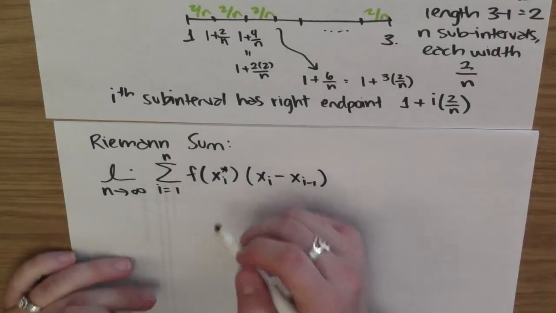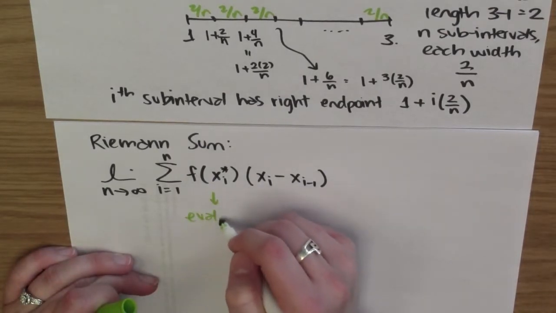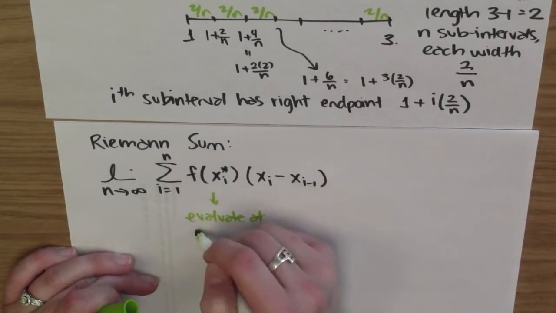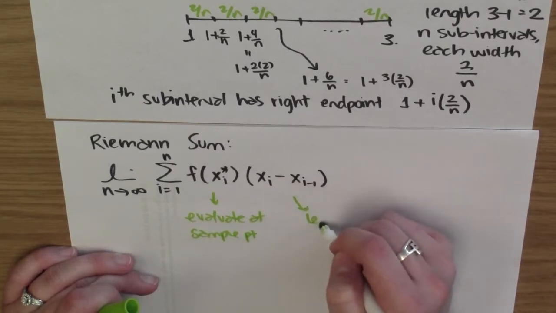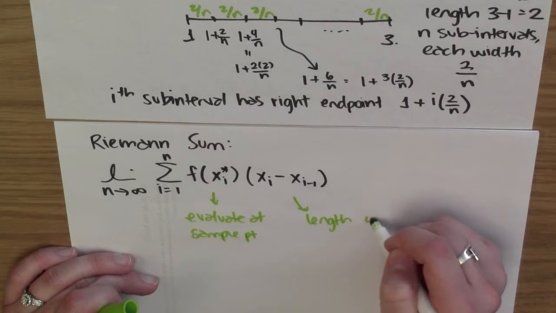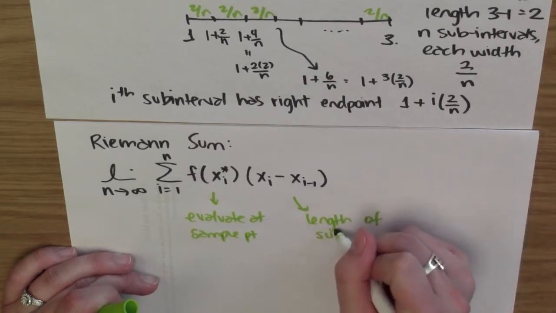Right? So this is evaluated at the sample point, and this is the length of my subinterval.